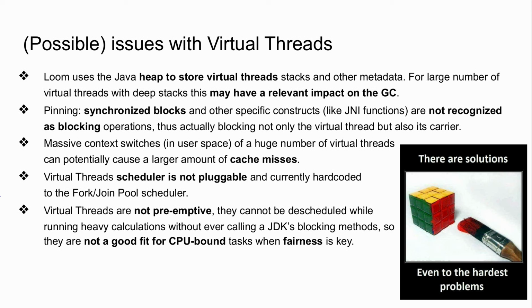In that case, you don't have preemption, meaning that the virtual thread will perform its operation until the end, and in a multi-threaded application, you basically lose fairness, okay? I have a very simple example to demonstrate this. Here I have a very stupid CPU-bound task.